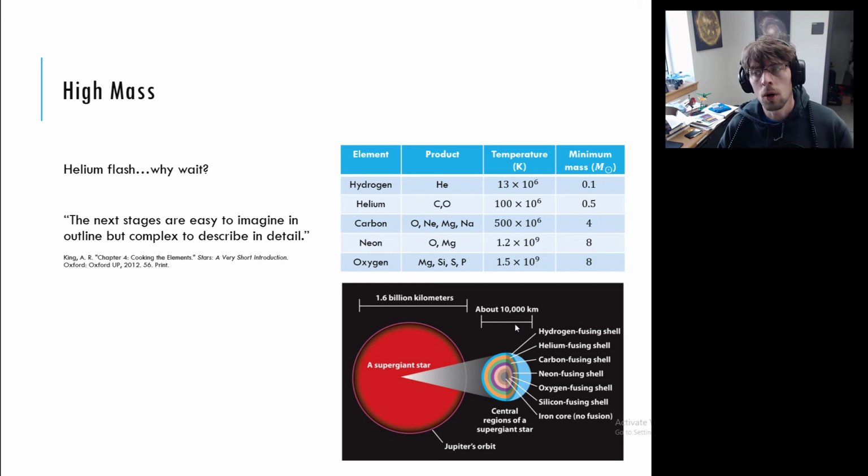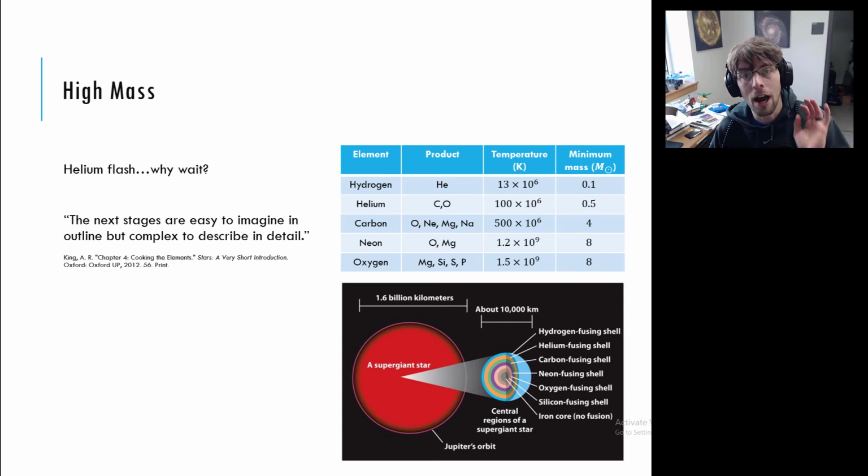You say, well, where does it stop? No matter how massive a star is, it will never be able to fuse iron. Remember, you don't need to know all of this. I mean, you should know hydrogen to helium, and helium to carbon. Okay? Know those. The other thing that you need to know is that when you hit iron, you are done.